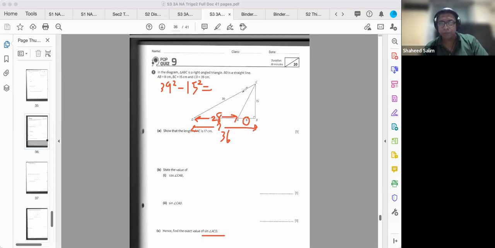But it's okay, because you want to find sine ACD. ACD is here, so you need this 28. Actually, you don't need to find this one, they already give it. Using your method, sine ACD over 28 equals sine CAD over 39.